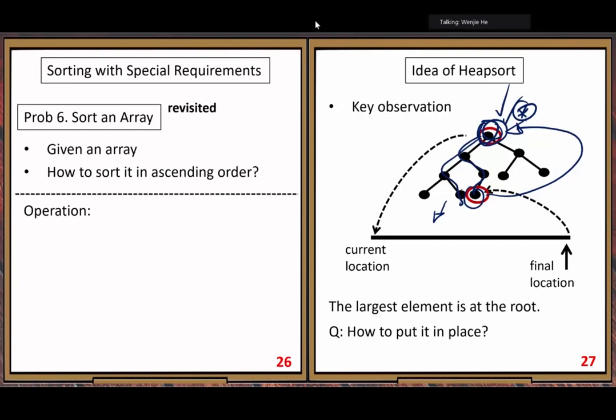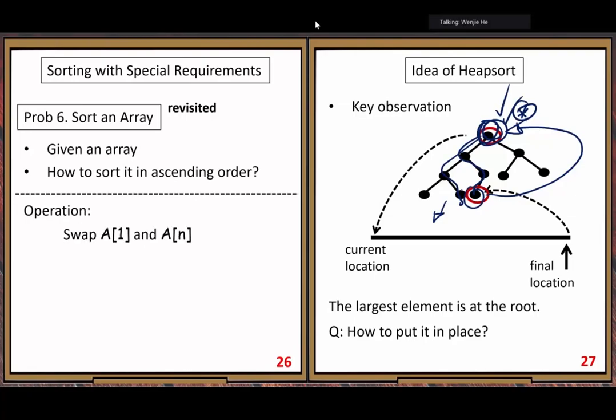Then another fix, another swap. So we keep doing like this. At the end, we will put all the elements in place. That's the heap sort.